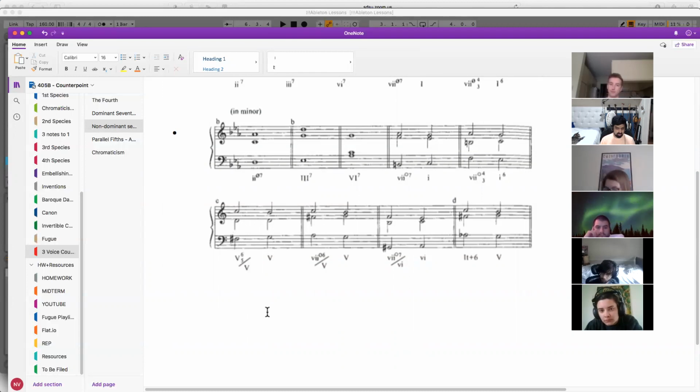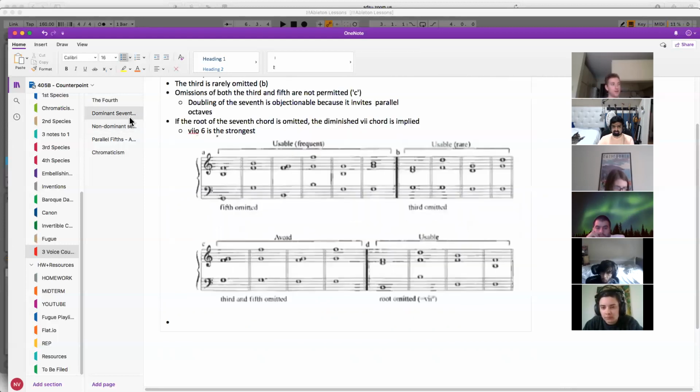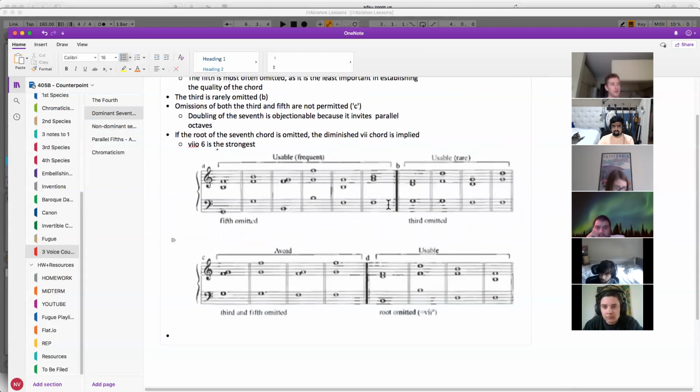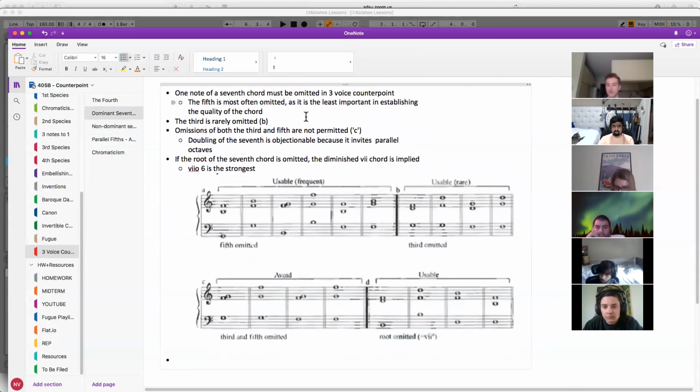In your chromatic assignment, it's just a matter of filling in the other voice, essentially. You did the chromatic assignment, you know how to execute this with just the outer voices, potentially. So then it becomes a matter of filling in the inner voices, and you have to remember as a constraint that you generally don't want to omit the third and fifth.